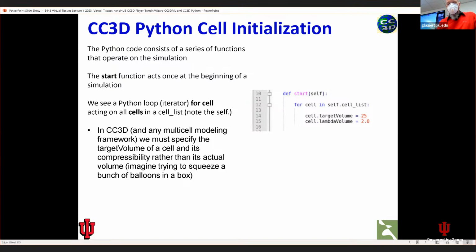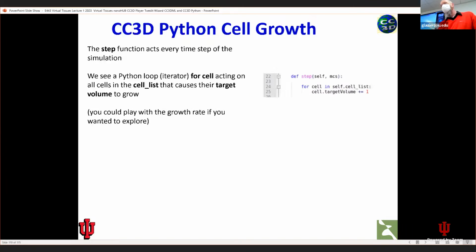For people who are not Pythonic, indentation is used instead of parentheses for defining blocks of code. The good news is that Twinit will do all of this for you so you don't have to remember it. Twinit has what are called code snippets. So if I say, I want to do something to all cells, I say, Twinit, give me the code for doing that. It'll paste it in. Doesn't mean you don't have to know a little bit of Python, but okay.